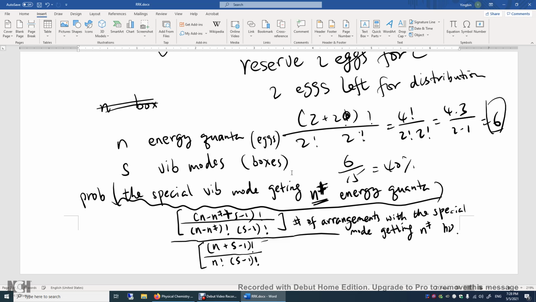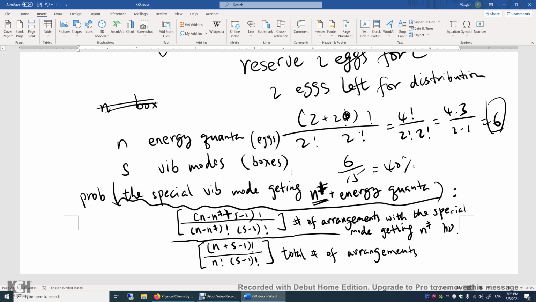At the bottom, we also put the denominator in the square bracket, and this is the total number of arrangements. And then over here, this is indeed the probability of the special vibration mode getting at least n double dagger plus, maybe I should put a plus here, energy quanta, and then the reaction may occur.